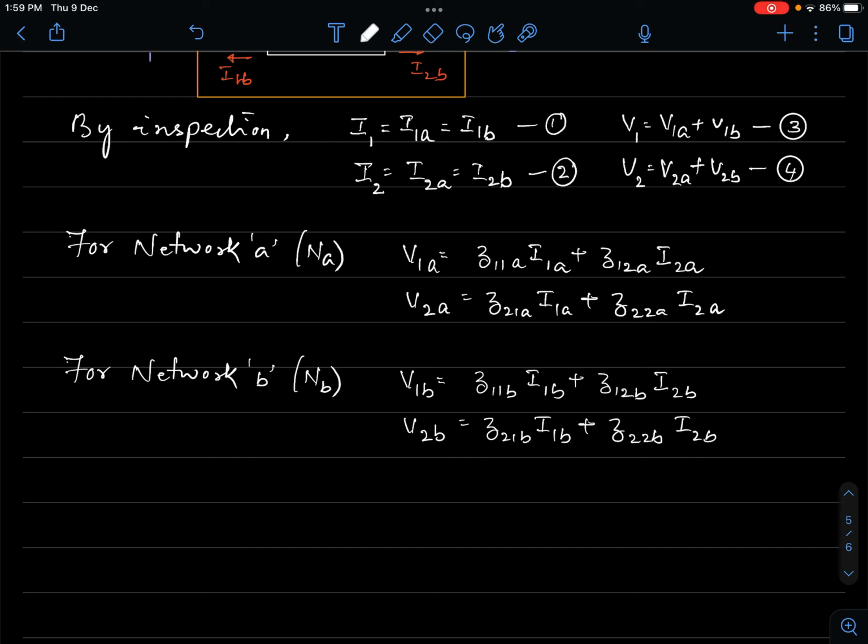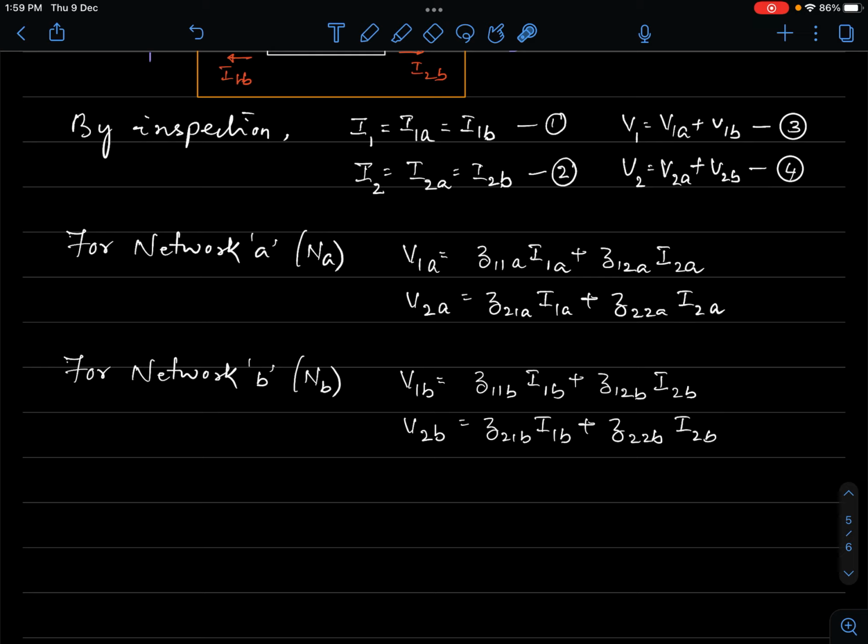This is how Z parameters are connected. So voltages and currents of A network are connected to each other with the help of Z parameters. Similarly for network B. Now we will make use of equation 3 and 4. In equation 3, V1 is V1A plus V1B.